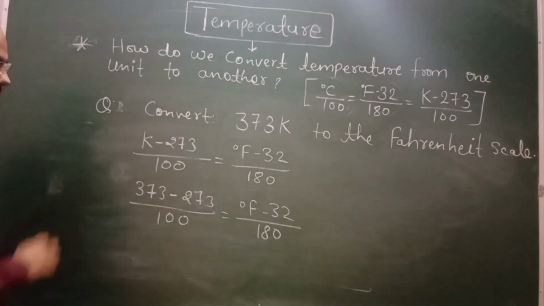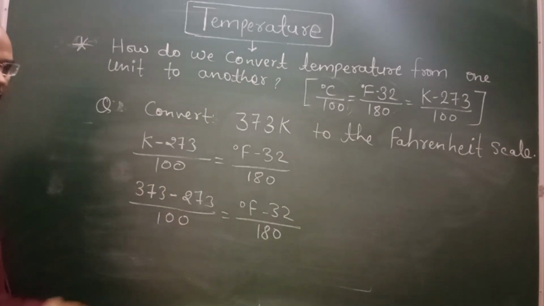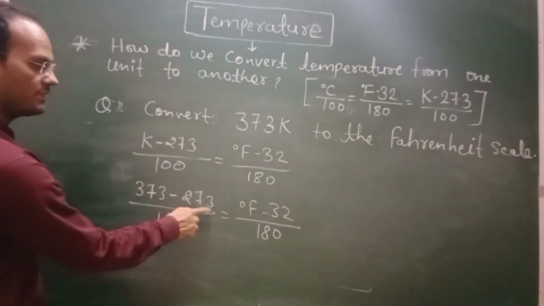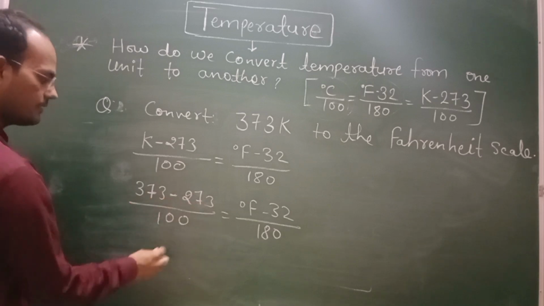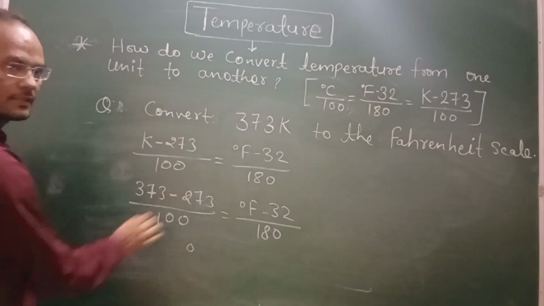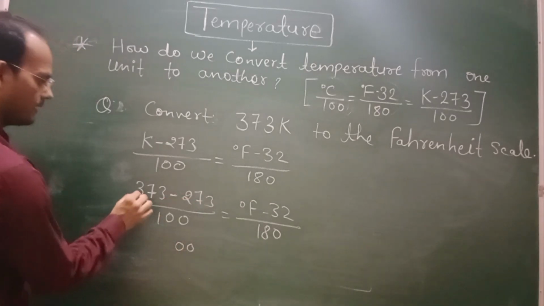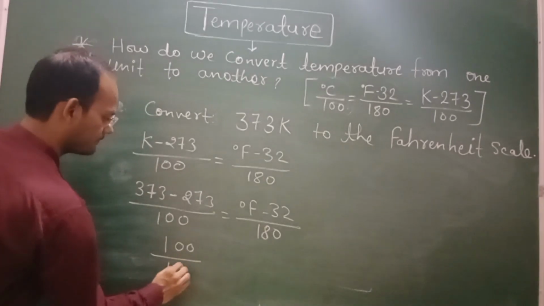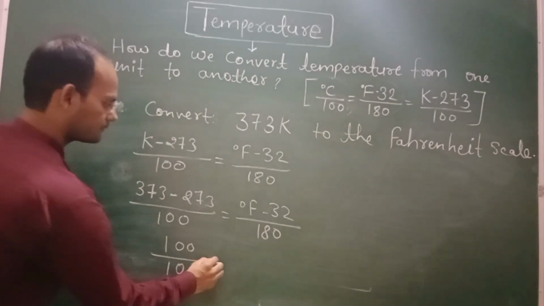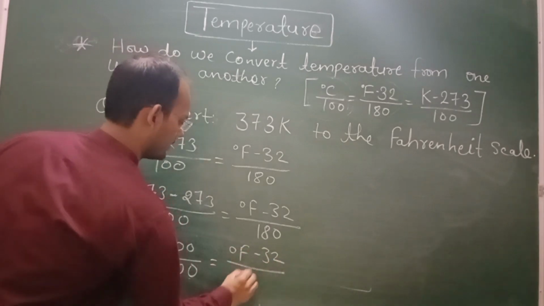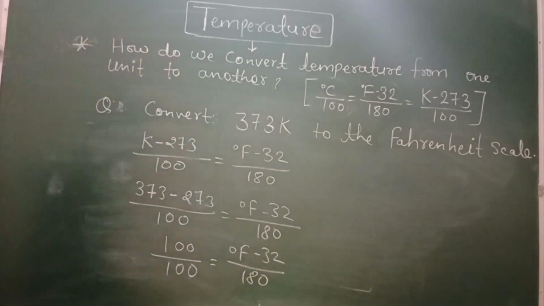Now see carefully, calculate, subtract this value. What value comes? 373 minus 273. Okay, 3 minus 3, 0. Okay, 7 minus 7, 0. 3 minus 2, 1. Divided by 100 is equal to degree Fahrenheit minus 32 divided by 180.